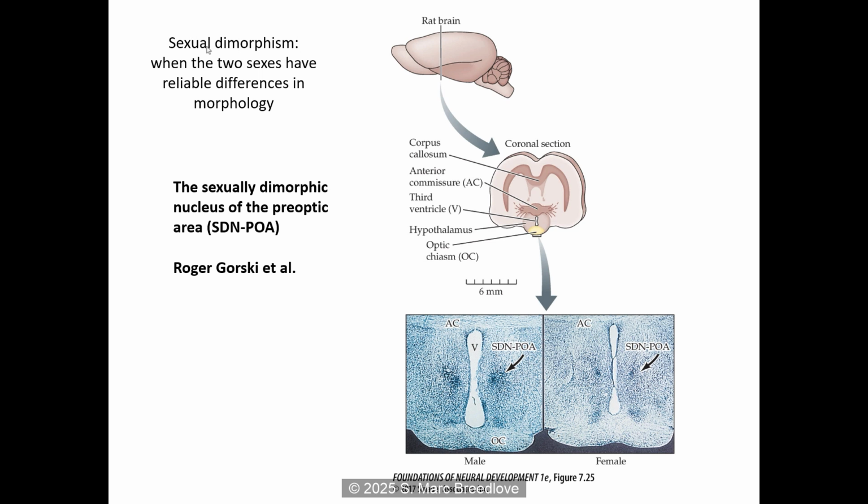Sexual dimorphism, as you know, is a property of species where one sex has a different structure than the other. The canonical example is the mane on male lions, right? Female lions don't have that mane, but males do. So that's a sexually dimorphic structure.